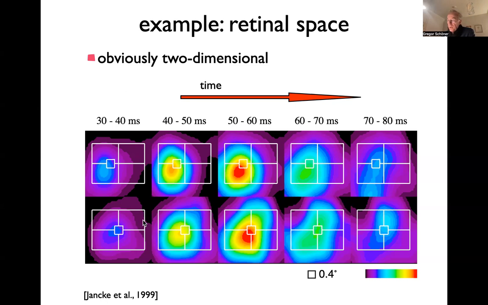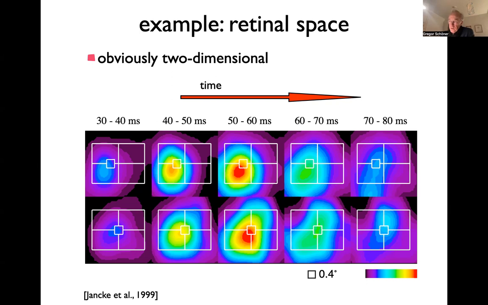And then we were able, with the techniques that we looked at there, to estimate the neural representation of two-dimensional retinal space, using the tuning curves, receptive field profiles, to construct a population representation. And that obviously is two-dimensional.